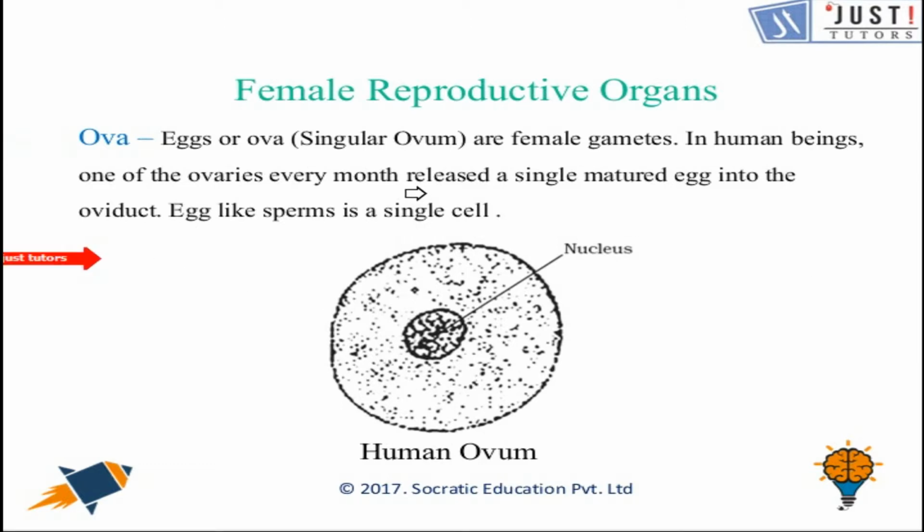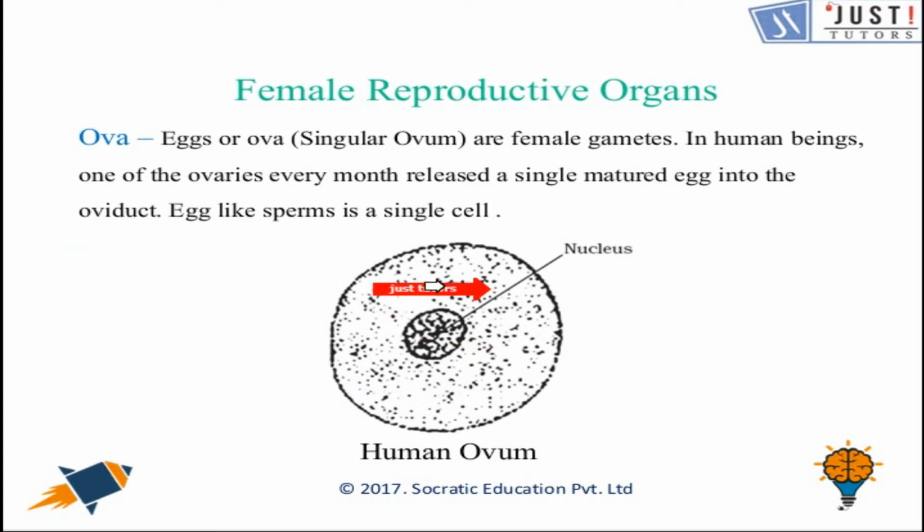Like the sperm in the male reproductive system, the egg is a single cell in the female reproductive system.